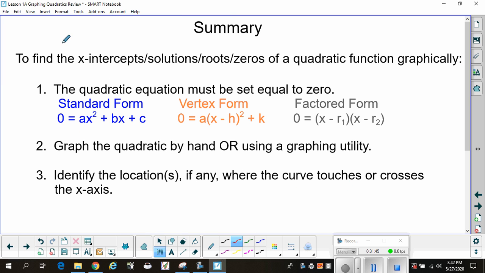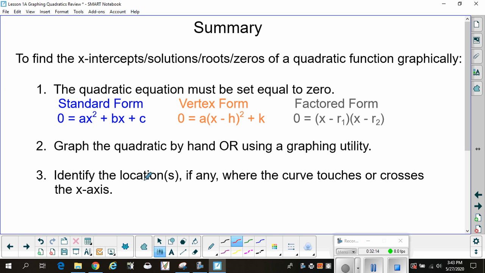So in summary, to find the x-intercepts, solutions, roots, or zeros, basically synonymous, of a quadratic function graphically, the quadratic equation must be set equal to 0. Standard form, vertex form, factored form. Graph the quadratic by hand or using a graphing utility, meaning the TI-84, Desmos, the Casio, or some other graphing program.